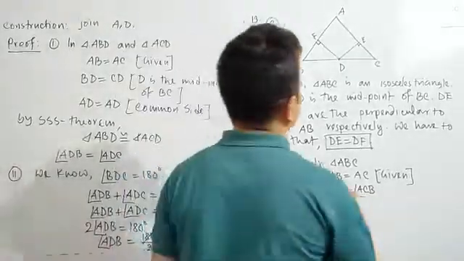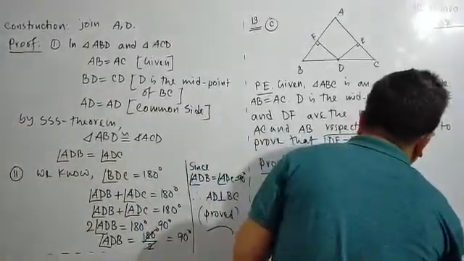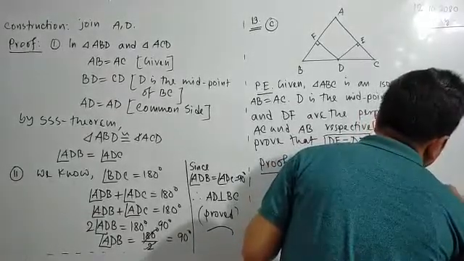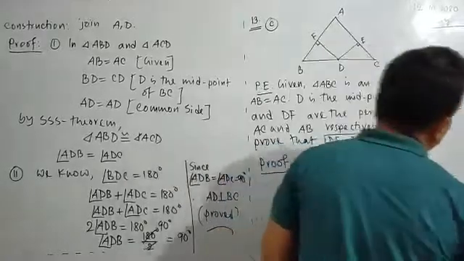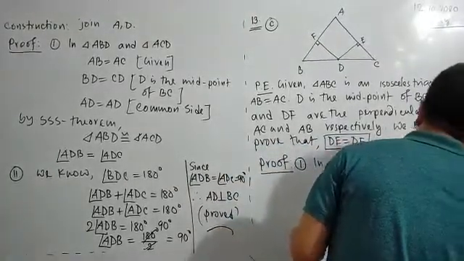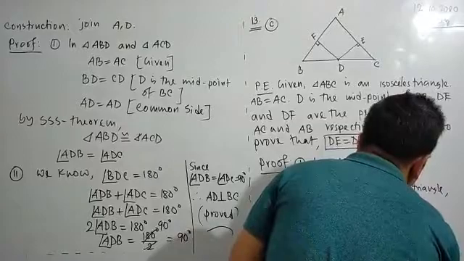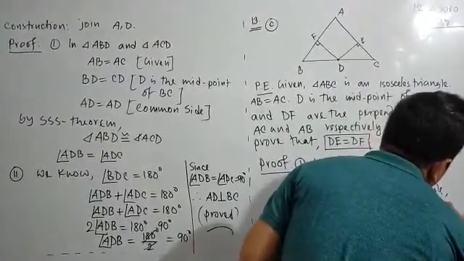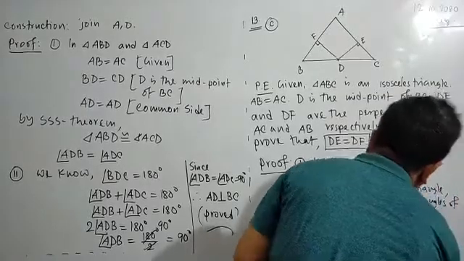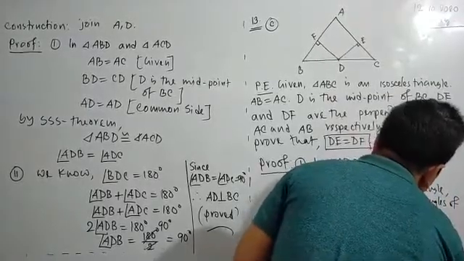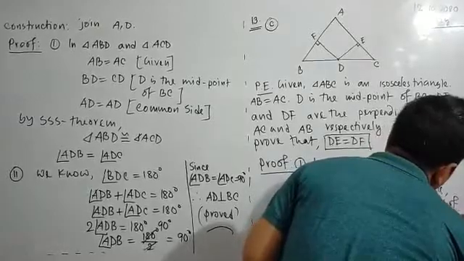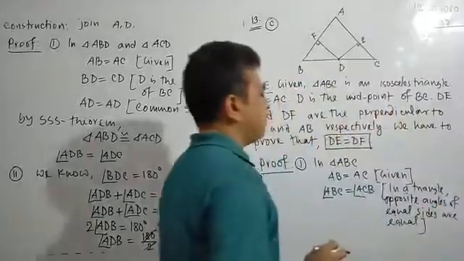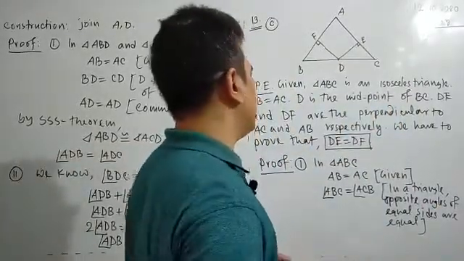Okay, so for ABC angle, you have to write here: in a triangle, opposite angles of equal sides are equal.